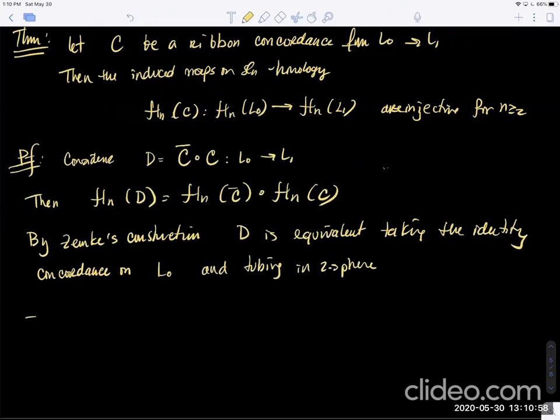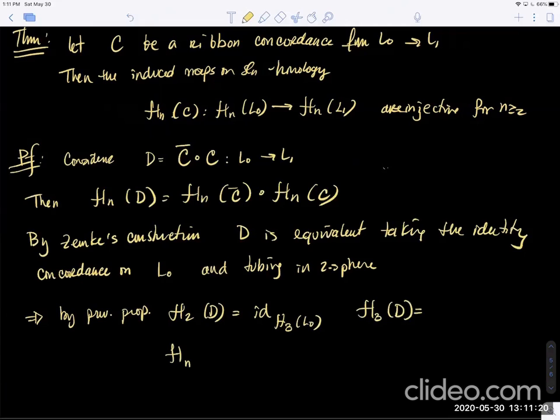So by the previous proposition, what that shows us is that if we take H2 of D, this really is just the identity concordance on L0. And then H3 of D is really just, up to a sign plus or minus, the identity concordance of L0. And then likewise Hn is, of course, the same thing, up to a scalar. I'm going to call this R, some R in our field, times the identity on Hn of L0 for n bigger than or equal to 4.